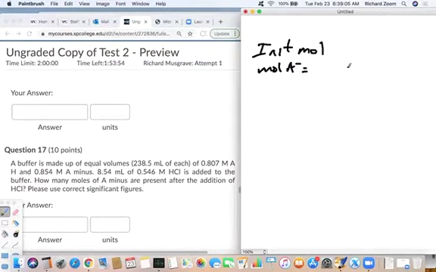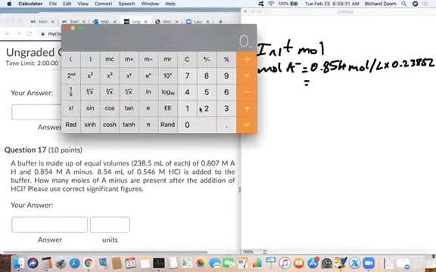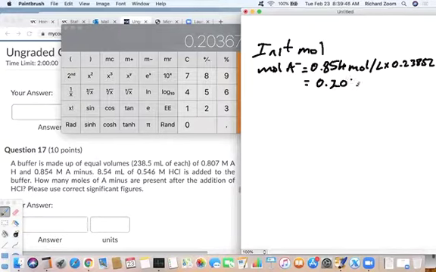Which is going to equal 0.854 times the volume, which is 238.5, converted into litres, 0.2385 litres. Which comes out to be 0.204 moles.